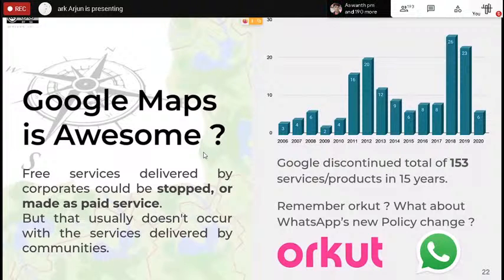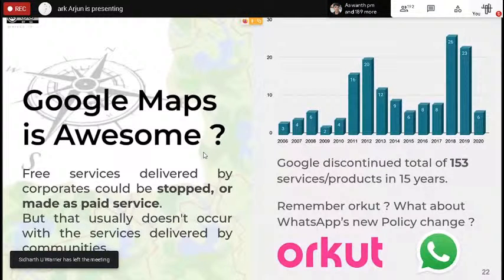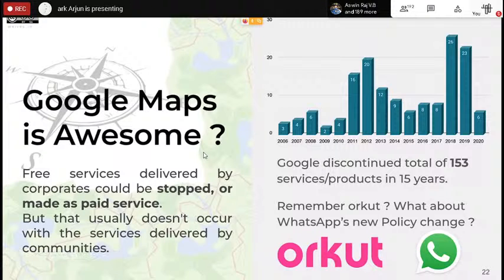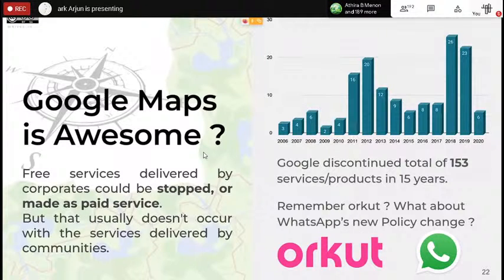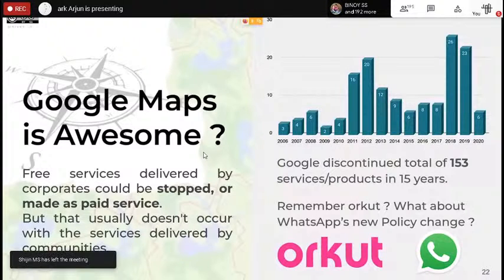When you look at the recent privacy statement of WhatsApp, you cannot see the word DNA or privacy there. Seems like they have changed their DNA. The point is, free services delivered by corporates could be stopped or made into paid services, or they can change as they want. But this usually doesn't happen with services delivered by communities like OSM.